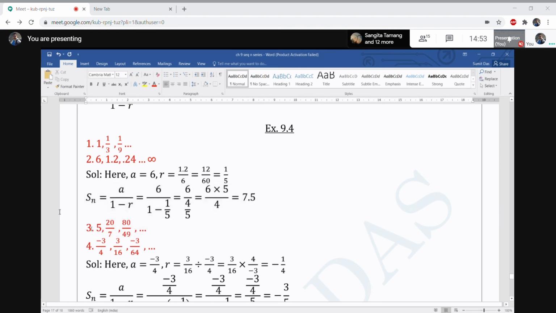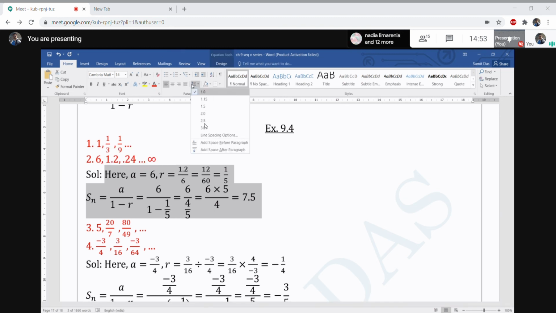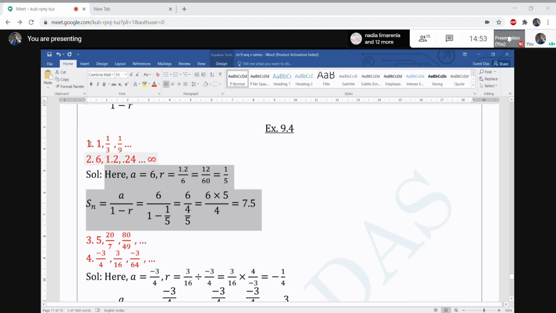So in question number 2 you can see 6, 1.2, 0.24 up to infinity. We have to find the sum. Here the first term is 6. How to find the common ratio? The common ratio, I always told you, is the second term divided by the first term.